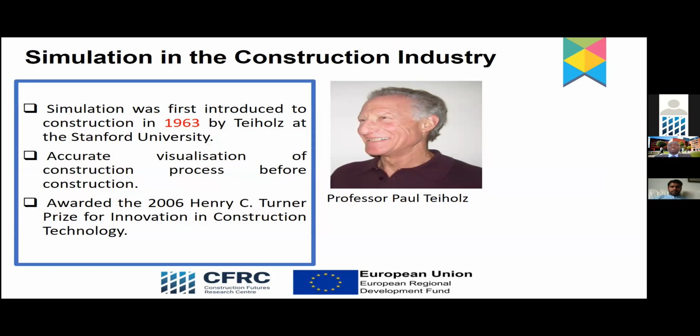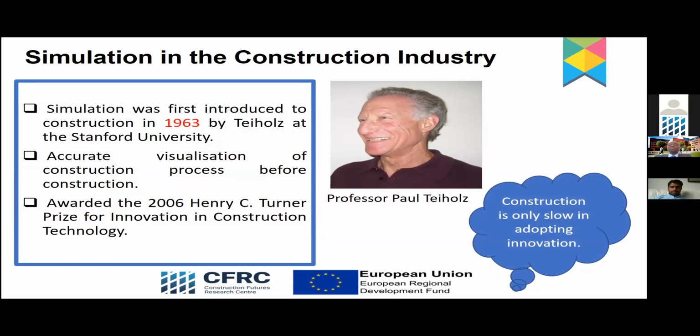Now, that was 1963, today we are in 2020, and we are still talking about how to apply discrete event simulation to improve our processes. So, coming to my initial question, what I would say is that it is not really true that the construction industry is not innovative. Rather, they are only slow in adopting innovation. For those of us who were in the last webinar which Dr. David did, we looked at various emerging technologies used in the construction industry.